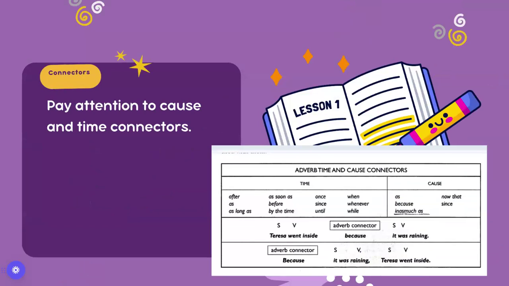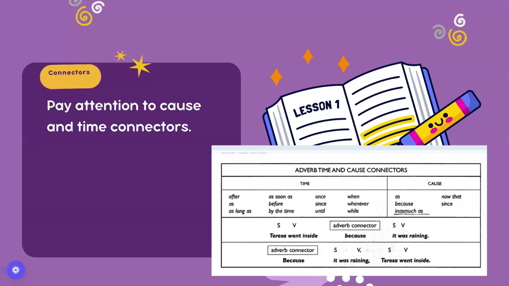Last class, we started to practice with sentences that have two clauses. And we reviewed that each clause should always have a subject and a verb. Sometimes, as we saw last class too, these clauses are connected with conjunctions, with connectors.